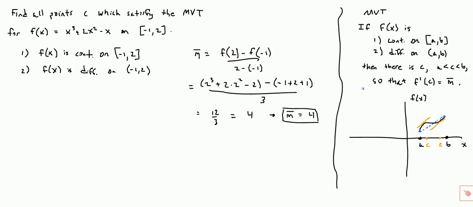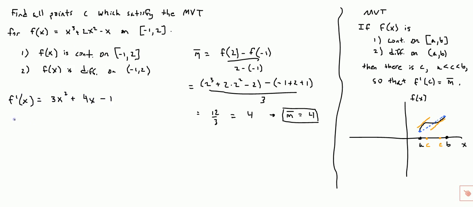So now we need to find f prime, right? We're trying to find point C so that f prime of C is equal to M bar. So for the derivative, we use the power rule. It's 3x squared plus 4x minus 1.